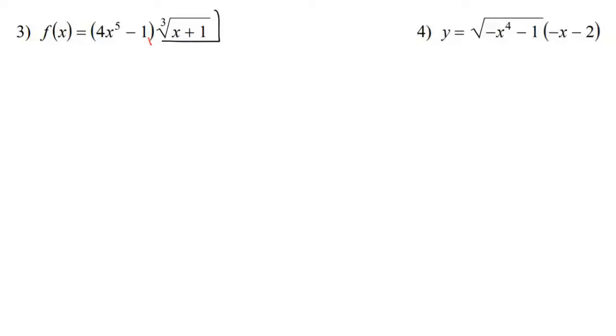So we have this. That's going to be chain rule. What's happening with what's inside the parentheses and that radical? Are they adding each other? Multiplying. So if you're multiplying, you also need the product rule. So we're going to do the product and chain rule together here. So you have both rules that you're going to have to use.